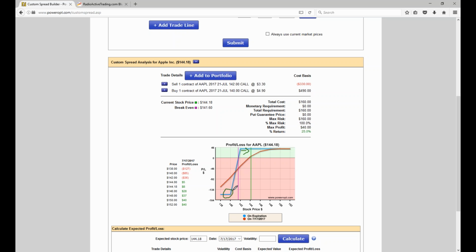Old school brokers haven't exactly caught up. It's happened to 2 of my customers, as I mentioned, in the past 3 months, where they got assigned early on the short call in a bull call debit spread or a calendar spread, and the broker shorted the stock for them and didn't use the long to exercise the short. Now, in one case it worked out. The stock sort of fell.